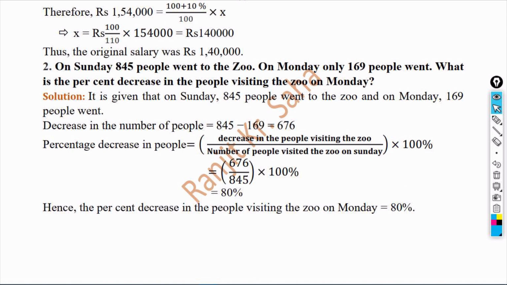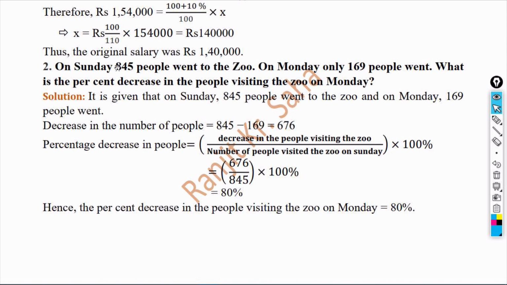On Sunday, 845 people went to the zoo. On Monday, only 169 people went. What is the percent decrease in the people visiting the zoo on Monday? On different days, a different number of people visit the zoo.